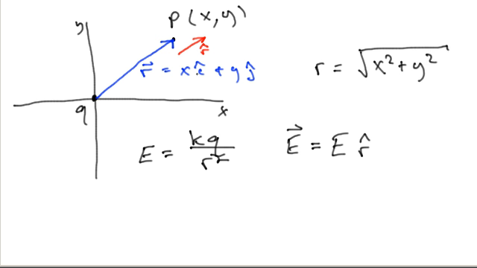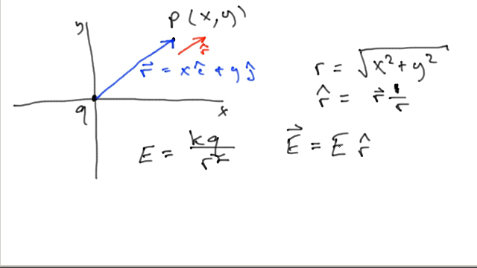It's just the magnitude of the position vector. And then R hat is equal to the vector R times 1 over R, times 1 over the magnitude.